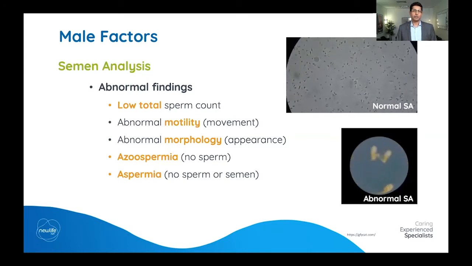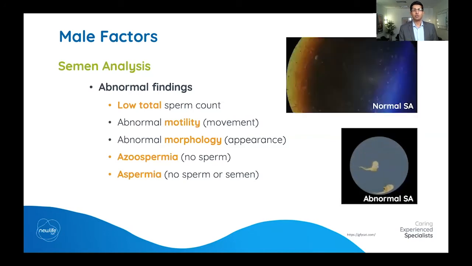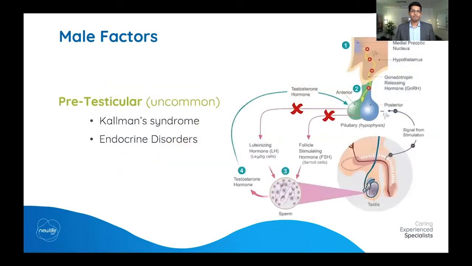We can do more sophisticated tests, things like DNA fragmentation and mucus penetration, but we only do those in select cases if there's an abnormality on the semen analysis or other clinical scenarios.